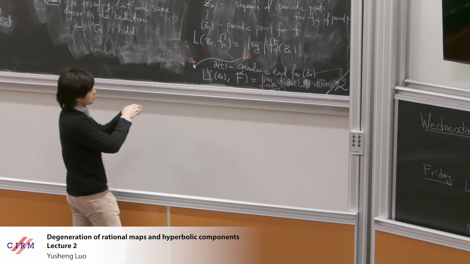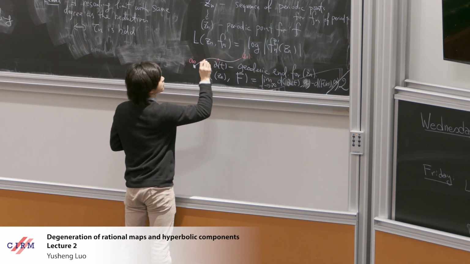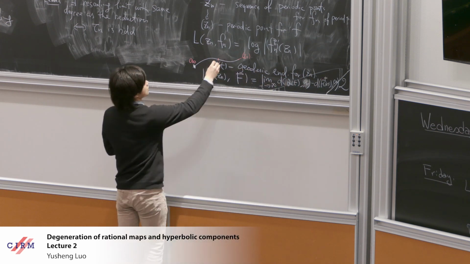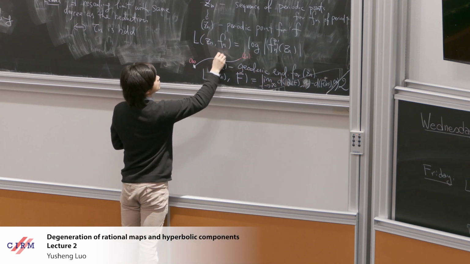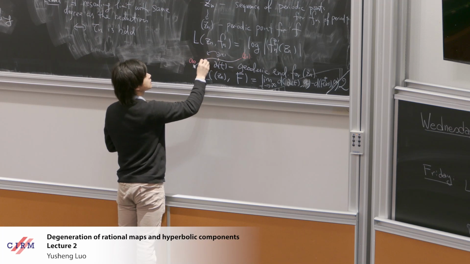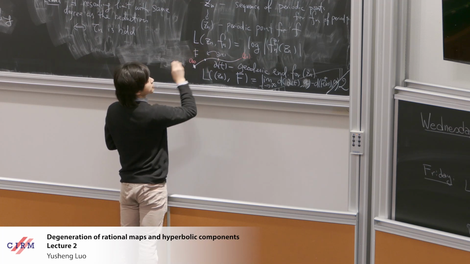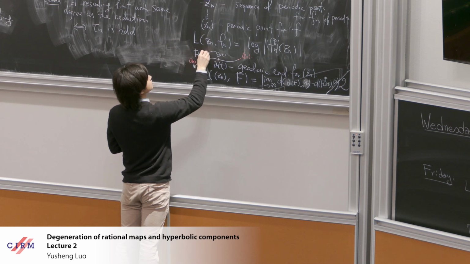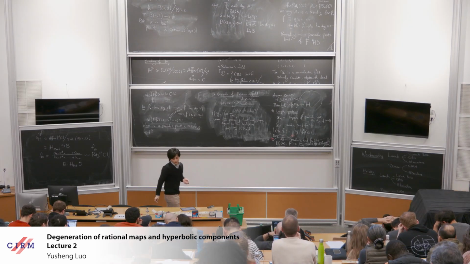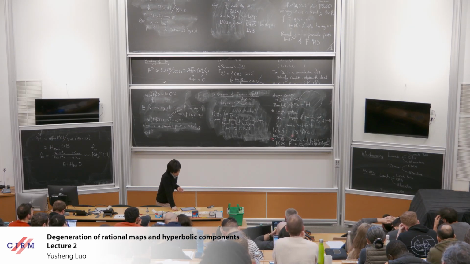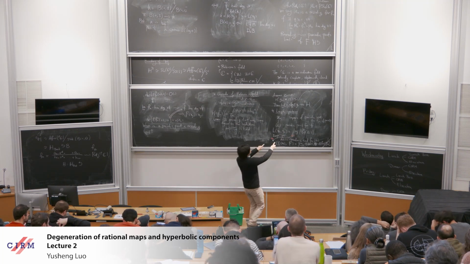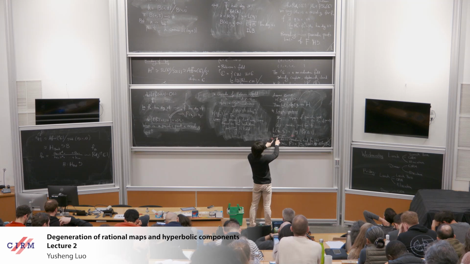So f of t is somewhere here, maybe here, to the power of p. This is f of t, and under the dynamics, it may map to something like f of t. And we are measuring the distance between f of t and a0 and f of t with a0.